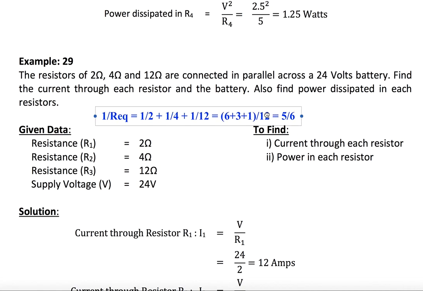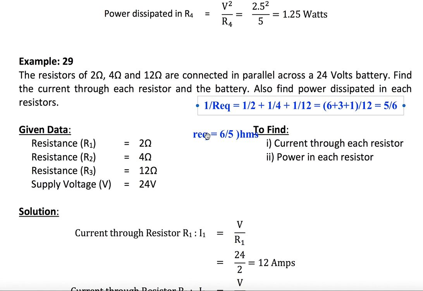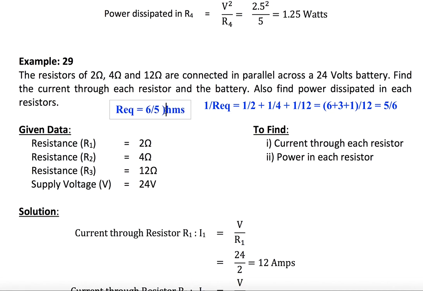So R equivalent is 6 by 5. That you have to write, right? Req equal to 6 by 5 is 1.2 ohms. This is not small r, capital R. This is not HMs, this is ohms.